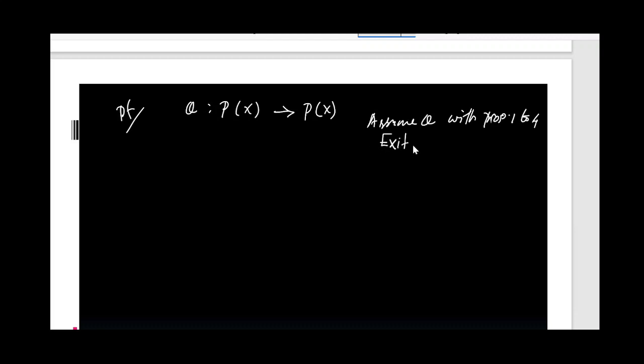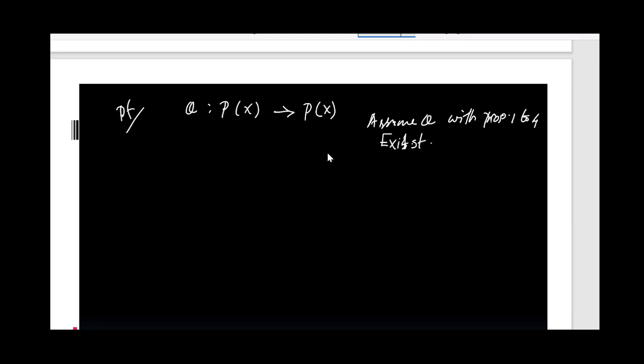Since we made these comments in the previous class, we assume theta from P of X to P of X satisfies the above four conditions. Assume theta with the properties 1 to 4 exists.